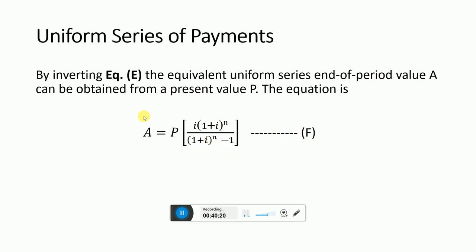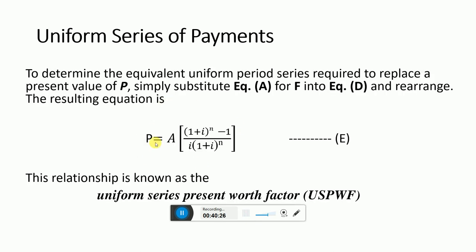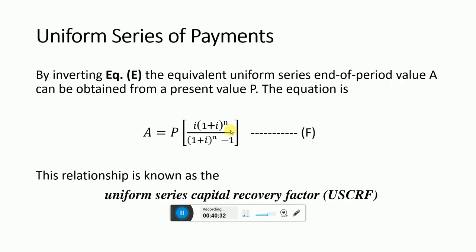This relationship is simply the inverse of the previous relationship, so we can find the value of A. Here, this relationship is known as the uniform series capital recovery factor, or USCRF.